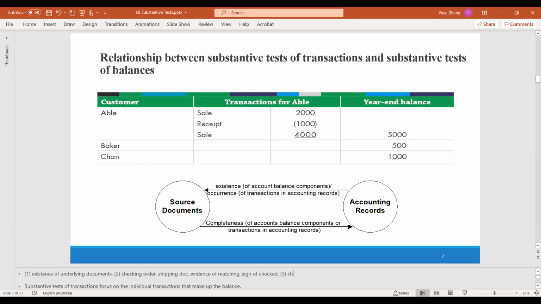On top of that, you have another purpose. You want to check the matching details, for example the prices, amounts, specifications, or totals. We want to check those are correct.